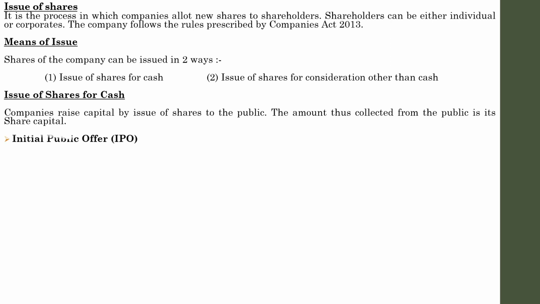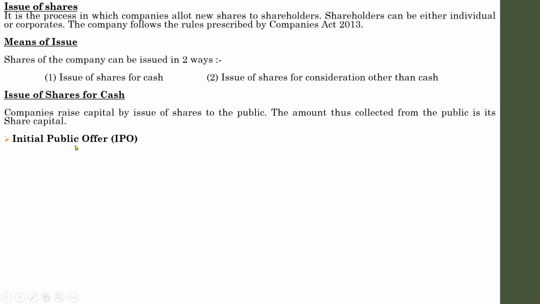So let us discuss some of the methods through which the company raises capital. So we mentioned that the company raises capital by issue of shares for cash and issue of shares other than cash. Okay, we agree with that. That is the mode of payment with regard to means of issue. So means of issue, we have discussed the mode of payment, that is buying the shares either through cash or through assets valuing the denomination of shares.